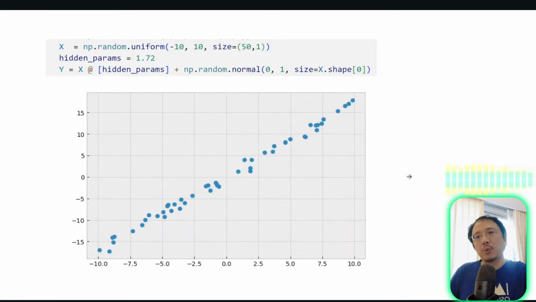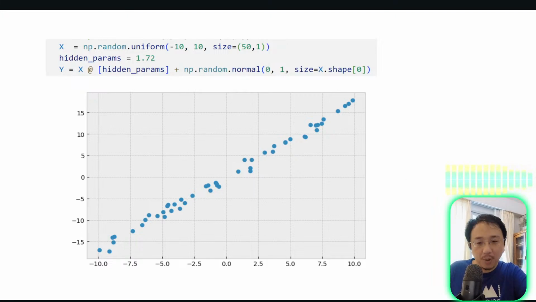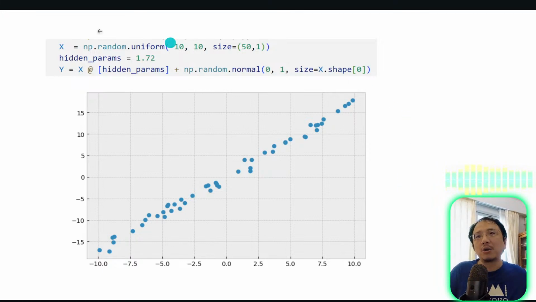So let's construct our example dataset right here. We're trying to construct a simple example dataset of only a one-dimensional feature, X, and a one-dimensional output. This is our construction.